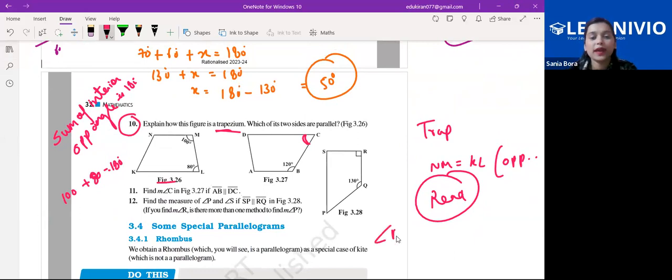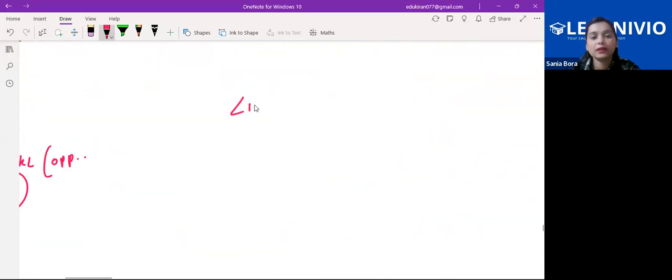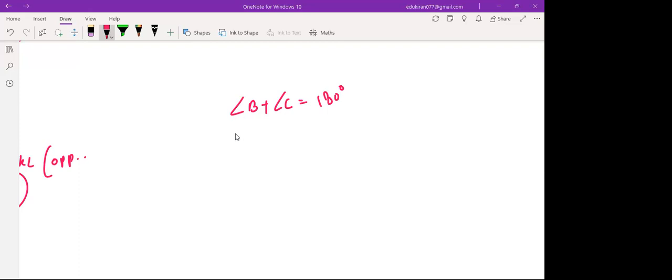So it would be angle B plus angle C. Angle B plus angle C equals 180 degrees, right? So what is angle B? 120 degrees.